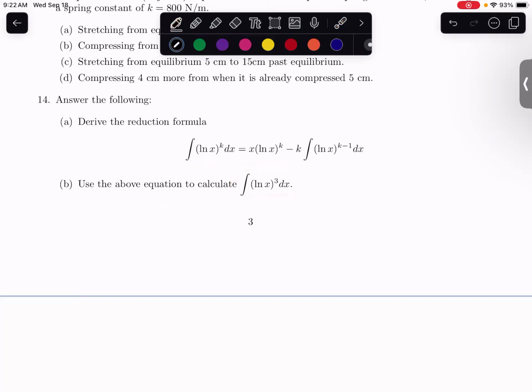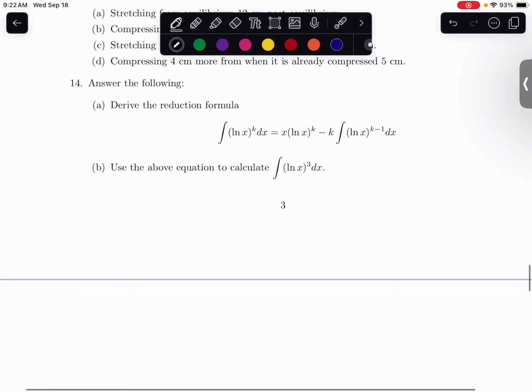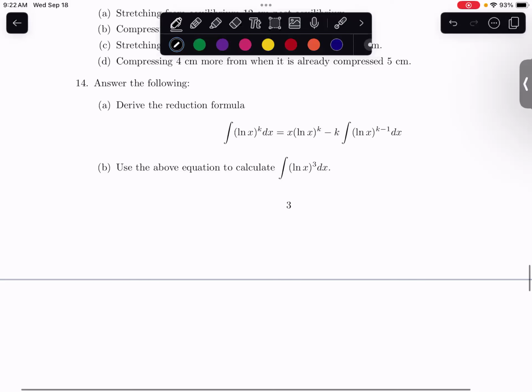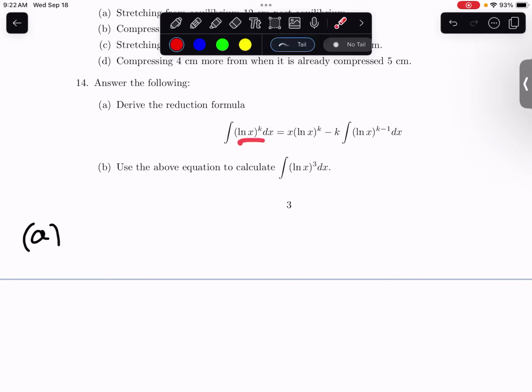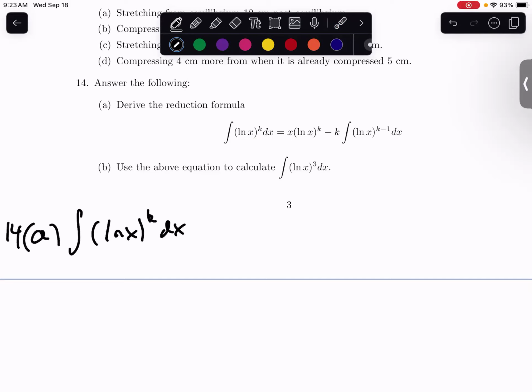Whenever it asks you to find a reduction formula, you should be thinking, I need to be using integration by parts here. If you have a power of the natural log or the natural log, usually it means you want to use integration by parts, unless u substitution works. So here we have the integral, this is 14a, of the natural log of x to the kth power dx.